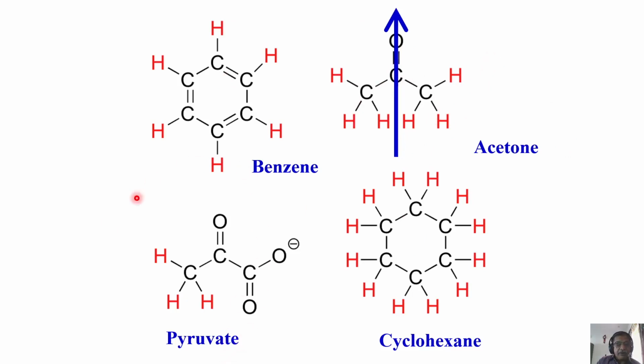Now come to this molecule, pyruvate. This has no symmetry consideration at all as far as the proton NMR is concerned, or carbon 13, whichever nuclei you consider. But all the 3 protons of the methyl group are identical because of the fast rotation of the methyl group about the C-C axis, and you will get only one peak for protons.